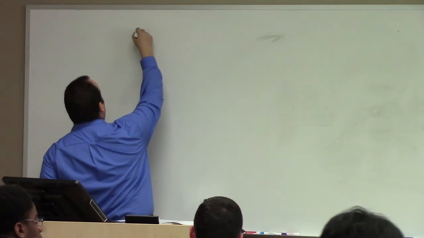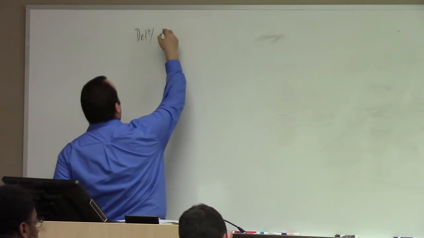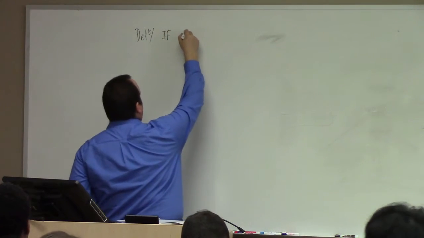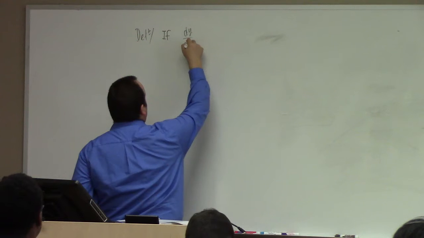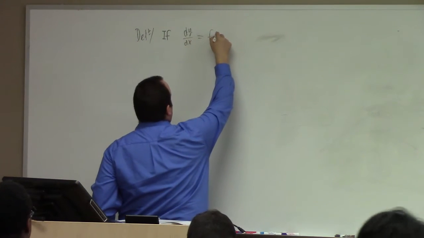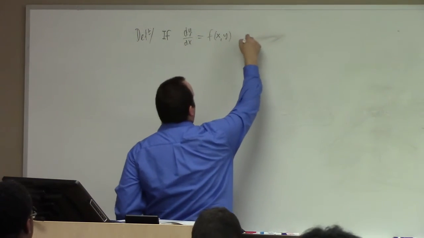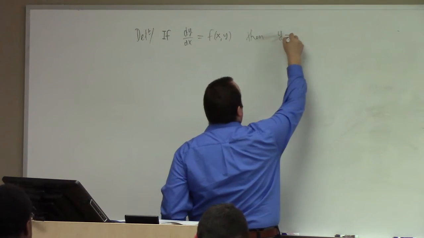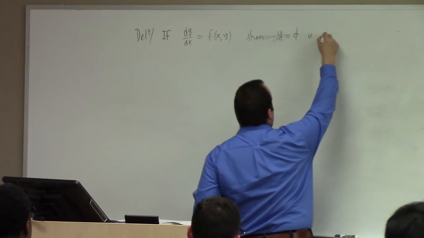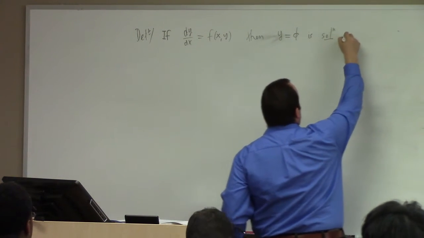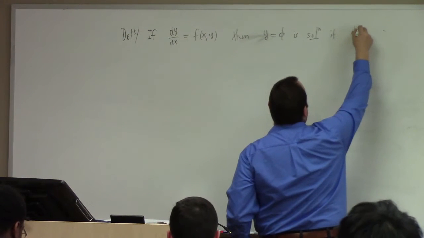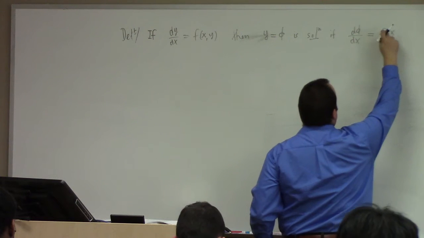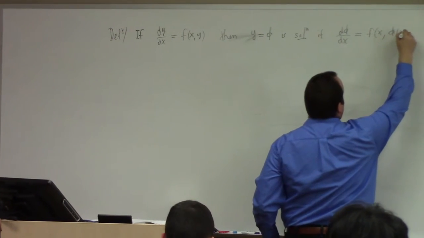So, definition. Suppose you have dy/dx equals f of x comma y. Then let's say y equals phi is a solution if d phi/dx is equal to f of x comma phi of x.